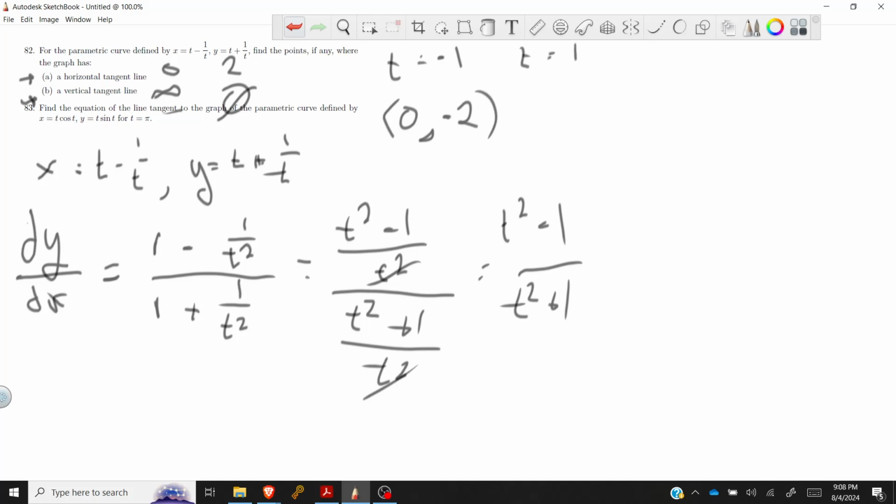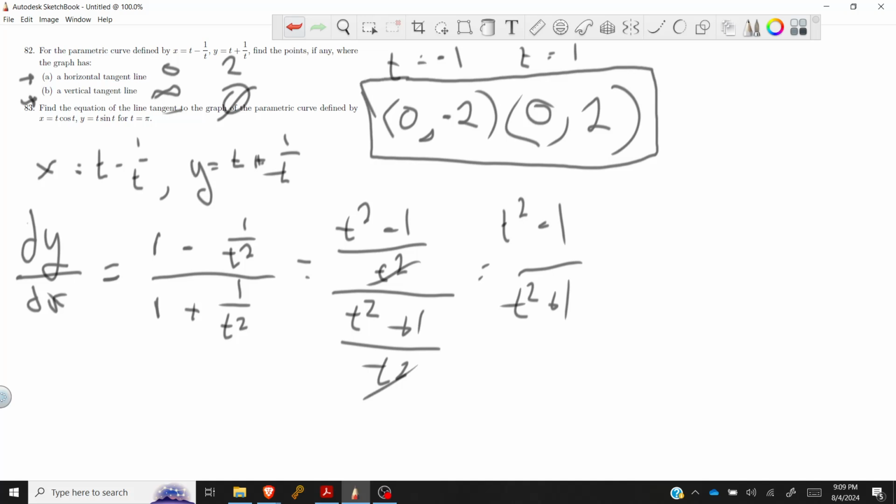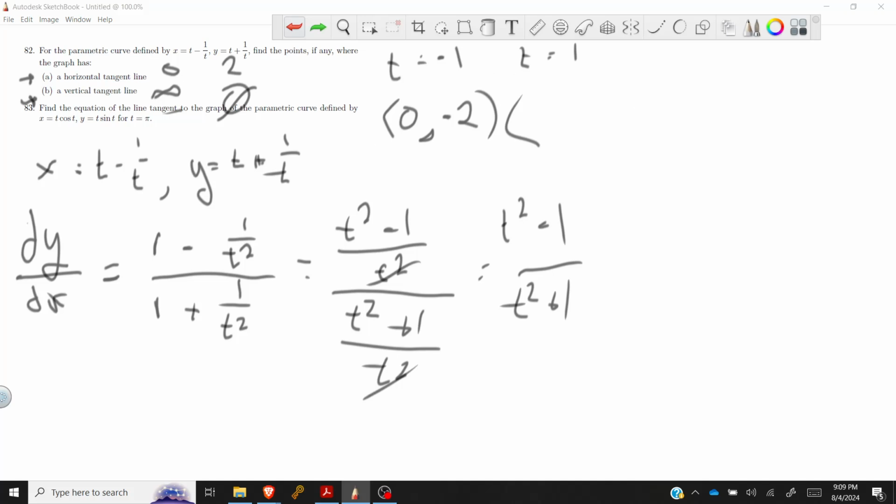And then at t equals 1, we're going to have 1 minus 1, which is 0, and 1 plus 1, which is 2. So for this parametric curve, there are 2 horizontal tangent lines at points (0, -2) and (0, 2), and there are no vertical tangent lines. Easy peasy. Lemon squeezy.